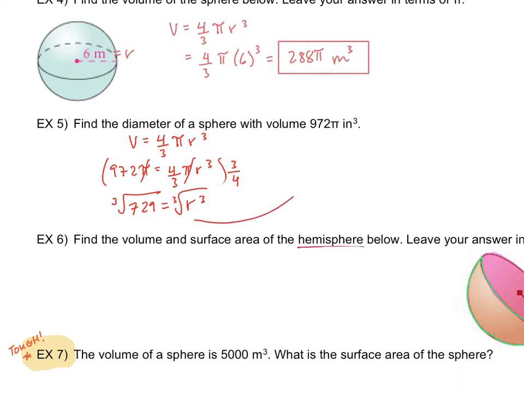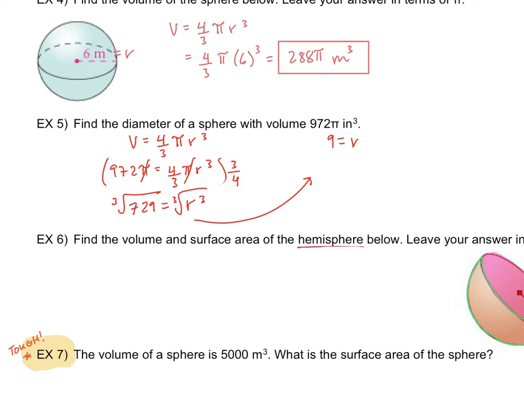So keep in mind, there's a lot of work, a lot of manipulation here. So we end up getting r as 9 when I take the cube root of 729. And if you need to use your graphing calculator to figure out the cube root, remember you can always go to the math button to help you figure out cube roots.